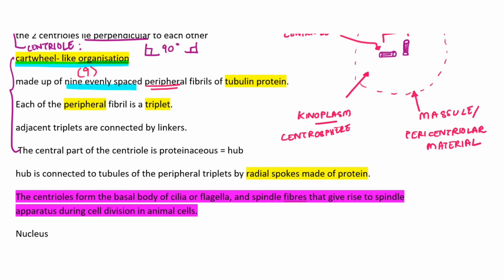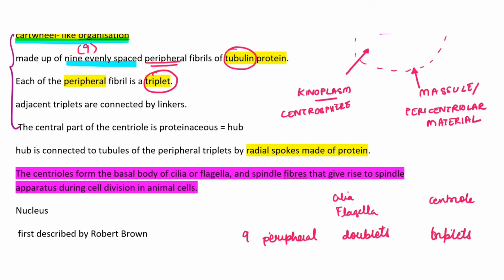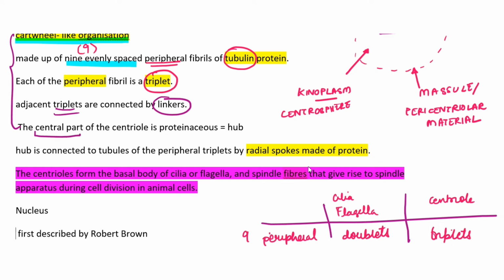In cilia and flagella there were peripheral doublets; now here there are peripheral triplets, and similarly adjacent triplets are connected by linkers, like how adjacent doublets were connected by linkers in the cilia and flagella structure. And the central part of the centriole, which is a proteinaceous structure, is known as the hub here. There the central core was known as the core, and the entire structure was called the axoneme.